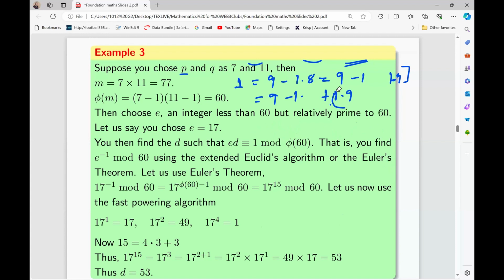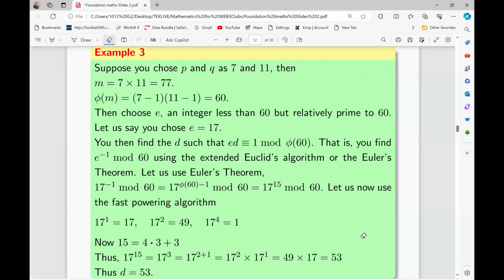Yesterday, we saw some application of the Euclidean algorithm. So again, we need also to see the one for the Euler theorem and all those other things, so that we can move forward well. Now, we found D to be 53.